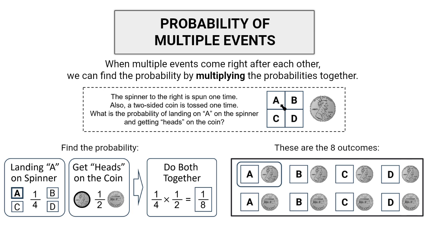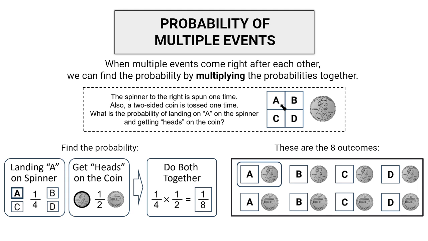Before I get into the actual problem, let's cover the basic concept of probability of multiple events. If you have 2 events that come right after each other, to find the total probability, you just multiply them together. This is a basic example of a spinner and a coin, and we're trying to find the probability of getting A on the spinner and heads on the coin.